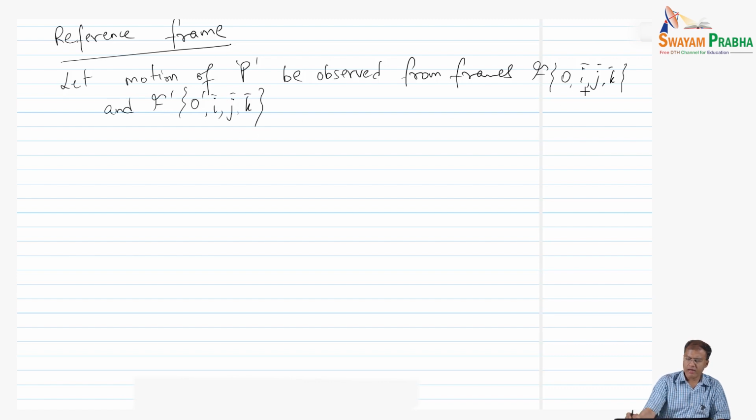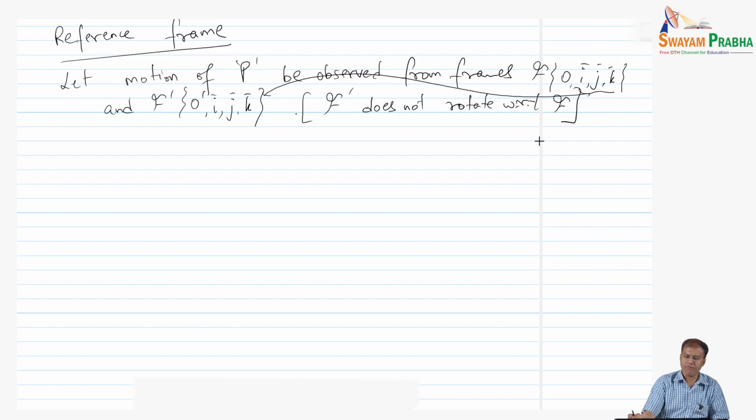Why have I taken the same coordinate axes? Because I am assuming that F prime does not rotate with respect to the original frame F. If it doesn't rotate, you expect the coordinate axes to remain the same, that is, the directions to be fixed, right?